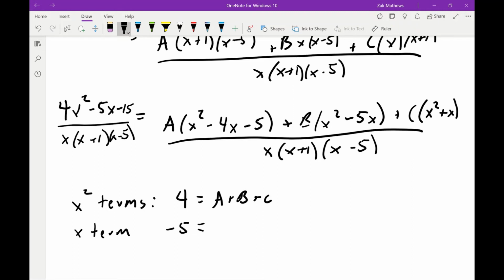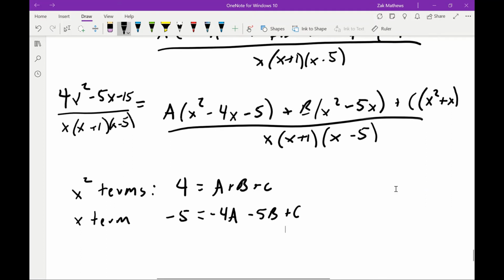On the right-hand side, we'd have a negative 4a, negative 5b, and just a c, just the one x back there. And then the constant on the left, we have negative 15, and on the right, we have negative 5a, and that's it. These had x terms in them both.